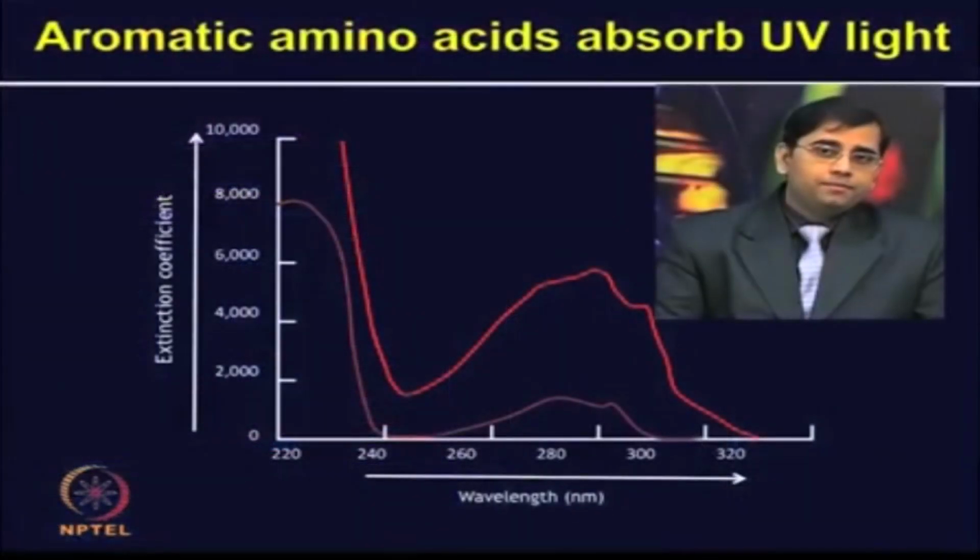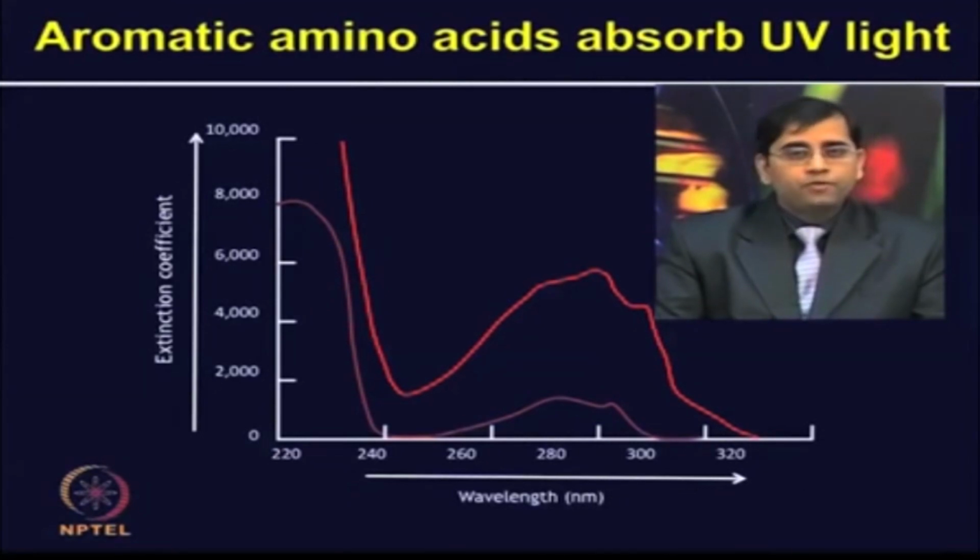Aromatic amino acids have a unique property: they can absorb UV light. All 3 amino acids we just discussed, tryptophan, tyrosine and phenylalanine, can absorb UV light.